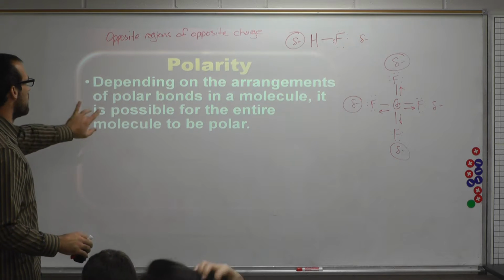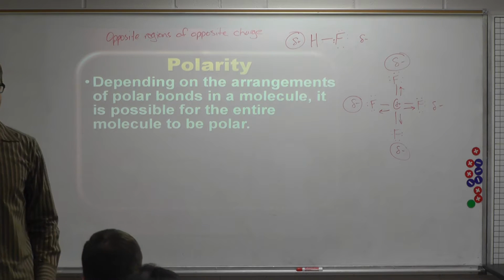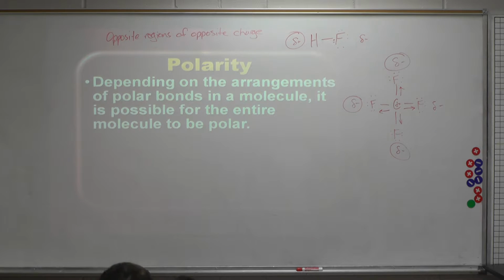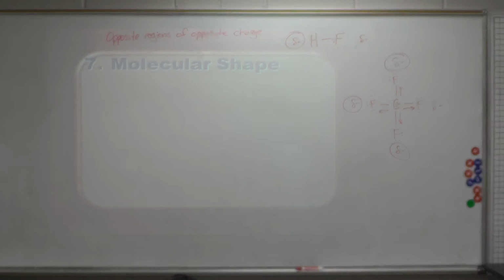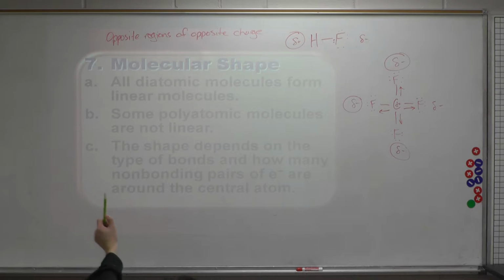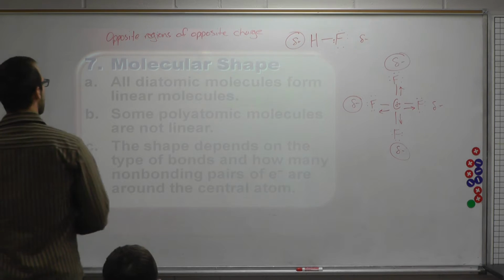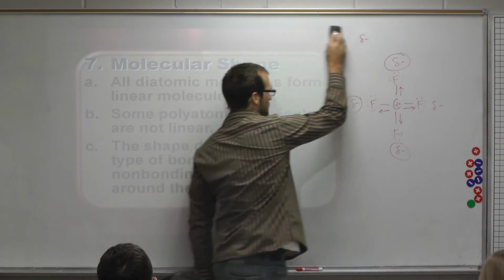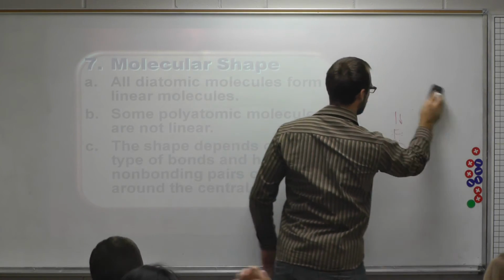Okay? So, depending upon how a molecule is arranged, it could be polar or not polar. And that has a pretty important impact on its shape. So we'll end up talking about shape and a few properties.